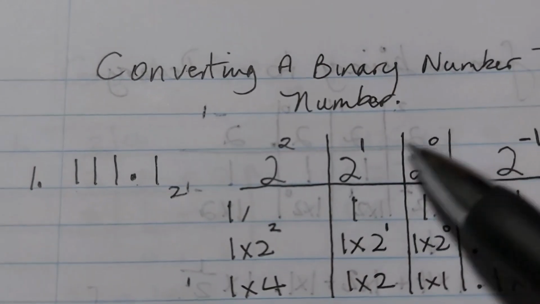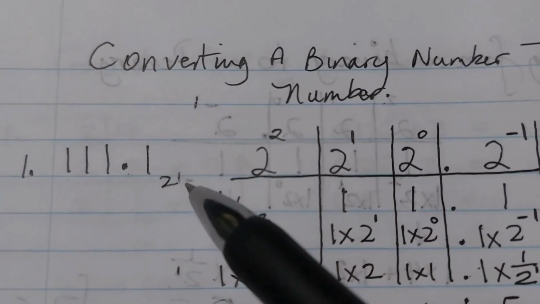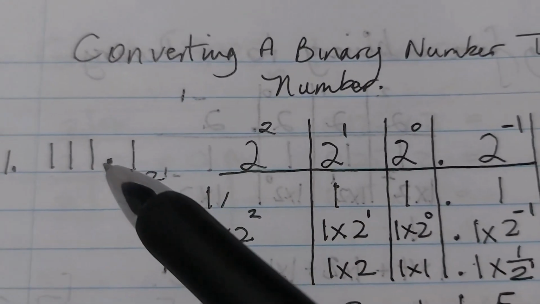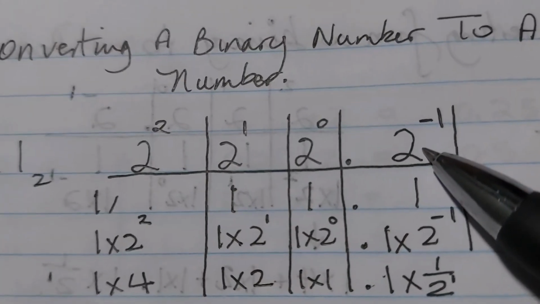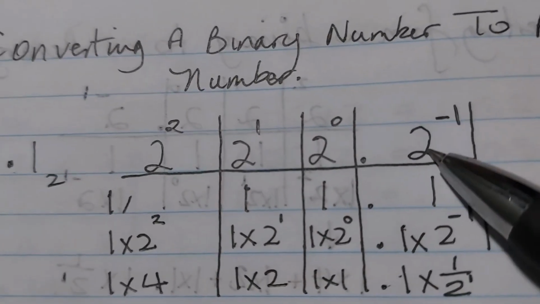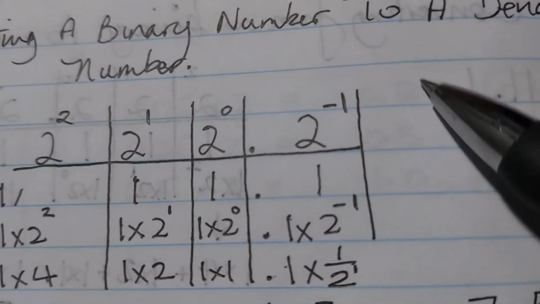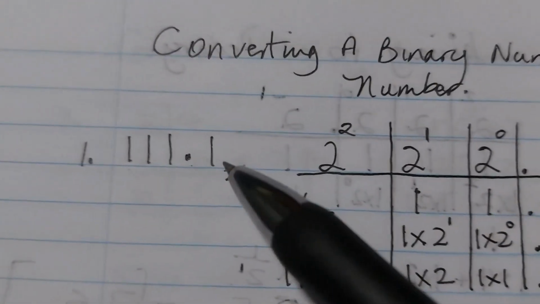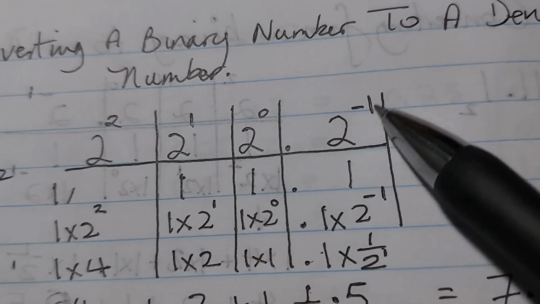So we start from 0, 1, 2. The next one would have been 2 to the 3, and so forth. The powers of 2 to the right of the decimal are negative. So the first one would be 2 to the minus 1. The second would have been 2 to the minus 2, but since we only have one decimal place here, we can only stop at 2 to the minus 1.